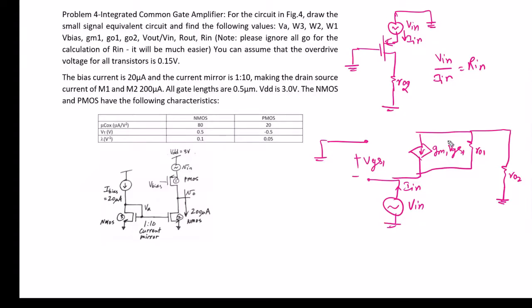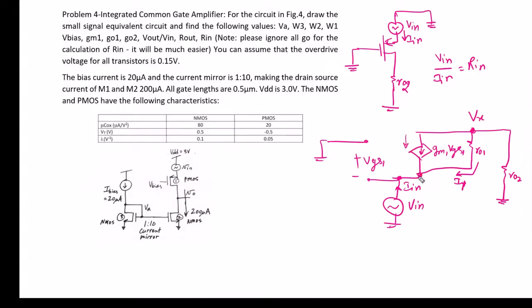Now assume that the voltage at this terminal is, let's say, Vx. So this IN current is entering into this node, and let's say the current across RO1 is I1. So GM1 VGS1 is coming from this branch and I1 is coming from this branch.